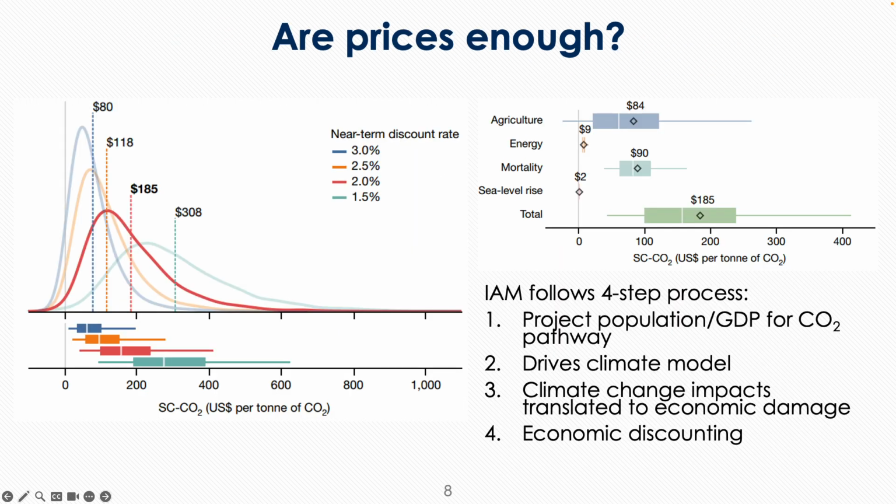Okay, and the last thing that I'll mention is that we see the examples of existing carbon taxes, and with the most recent updates, we're seeing the social cost of carbon is probably a lot closer to $200 a ton than the $40 to $50 a ton that is implemented.